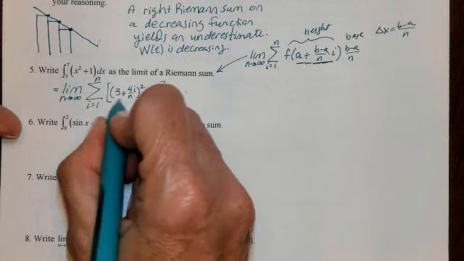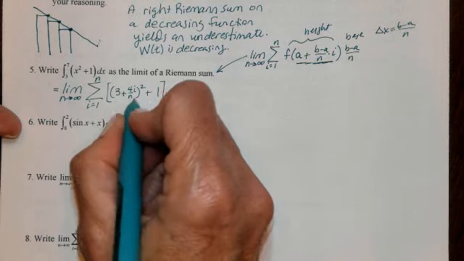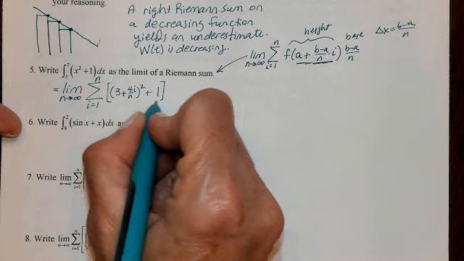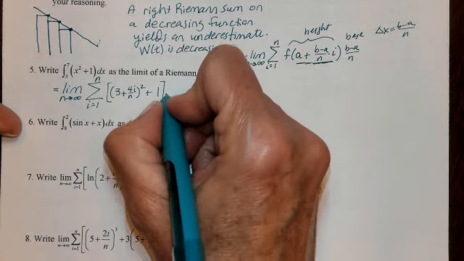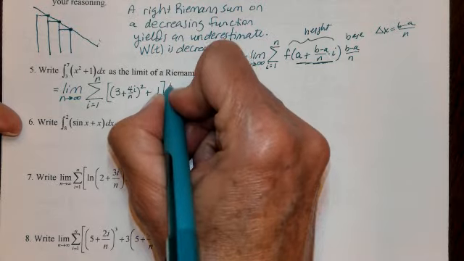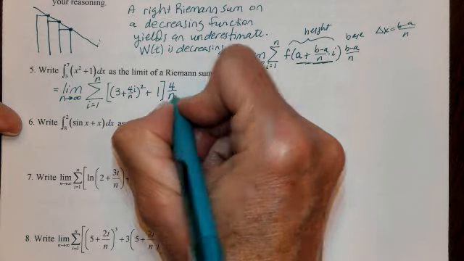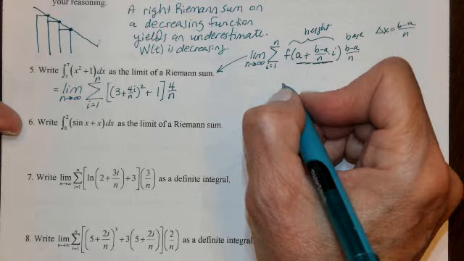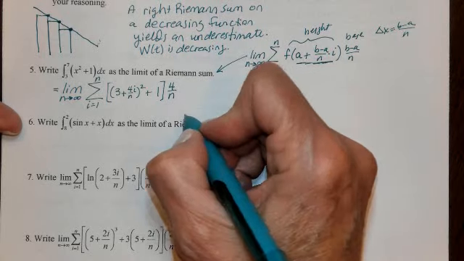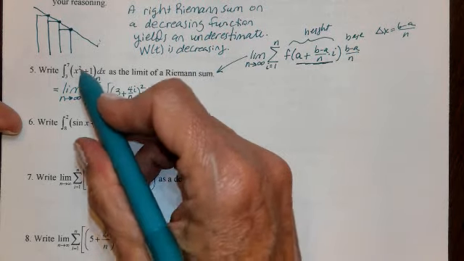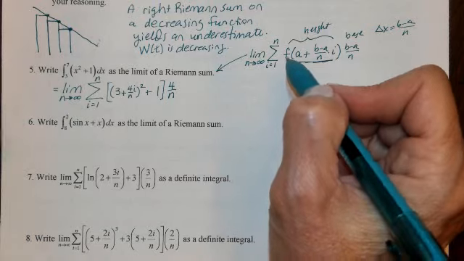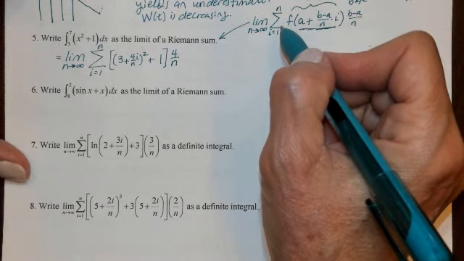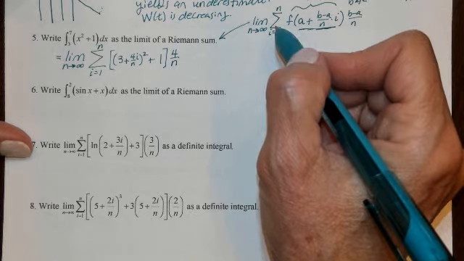So this is our a plus delta x times i. That's the height of the rectangle, and now you multiply by the base of the rectangle, just delta x, b minus a over n. No i back here. The only i is in place of your x there. Okay? I know that this is a little weird, but after you do a few of these, you got it. It's not going to be a problem.